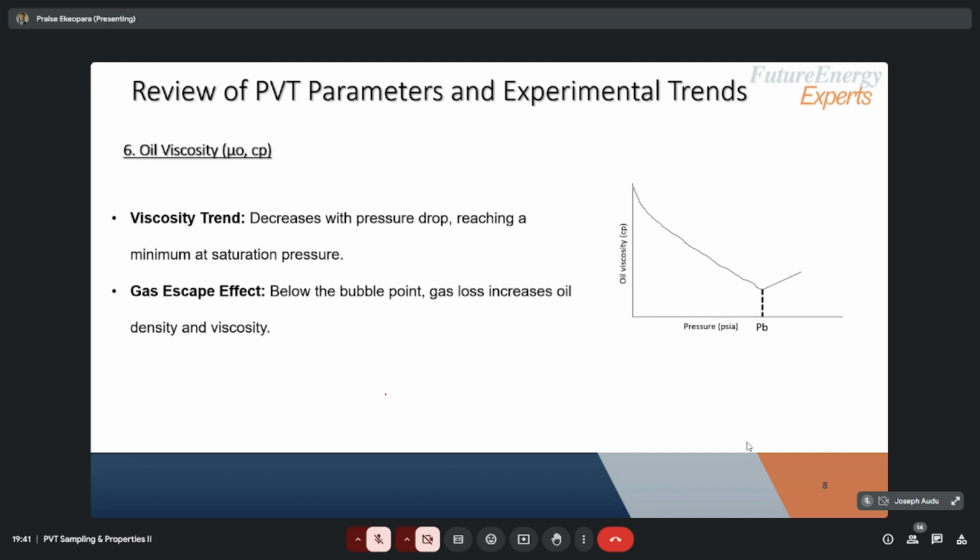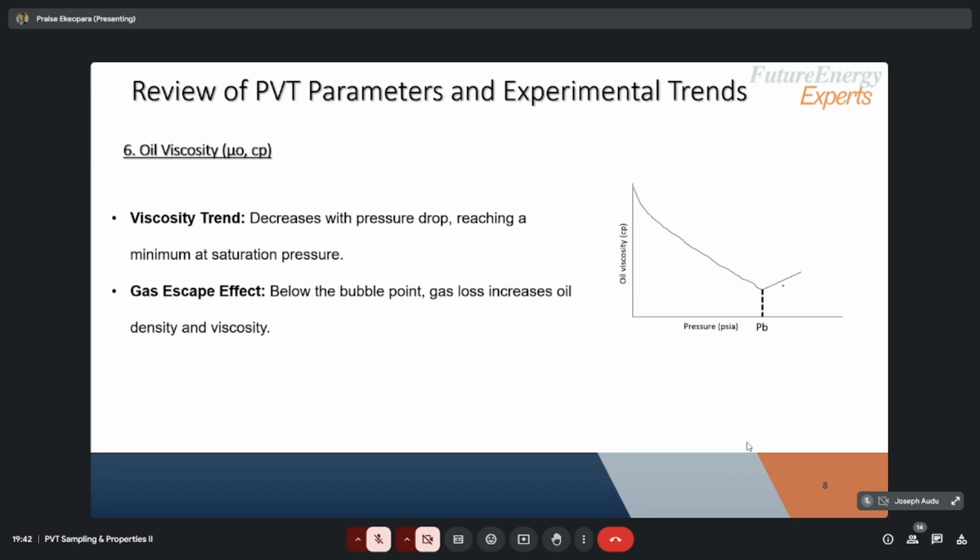Then for oil viscosity, this one behaves just like the density, right? At initial condition it is fairly high, but as gases expand due to pressure decline, the gases will lighten up the crude.